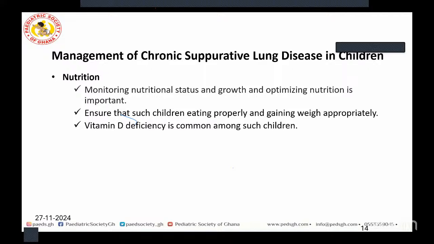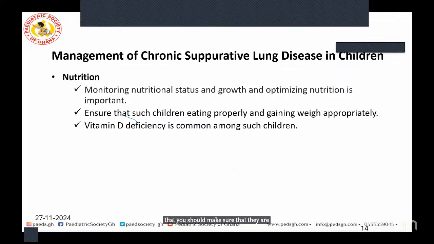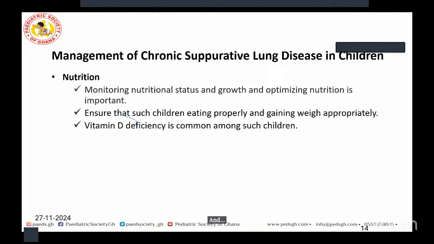Nutrition is very important. You should make sure that such children who are having the chronic wet cough or bronchiectasis are having good nutrition, and monitor their growth, because it's all part of the management process.